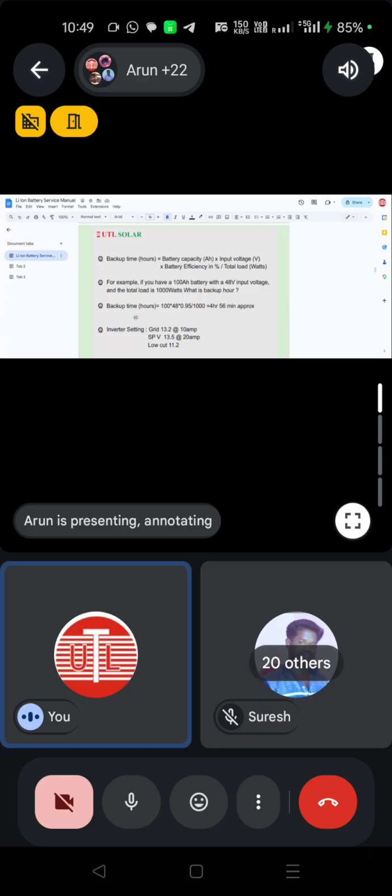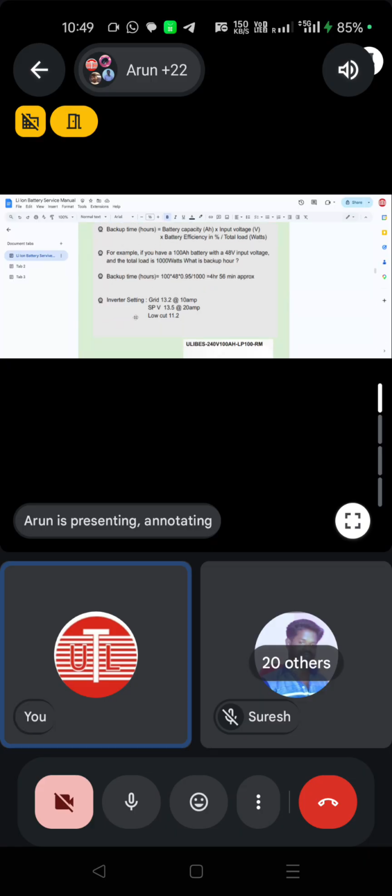That is the inverter setting. If you will go to the inverter setting, you must set grid charging voltage 13.2 and current 10 ampere.